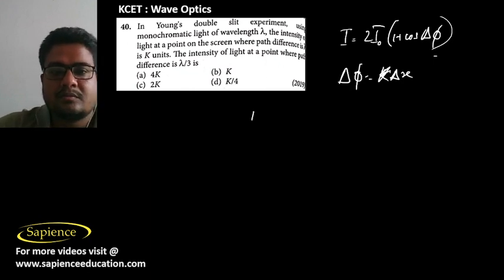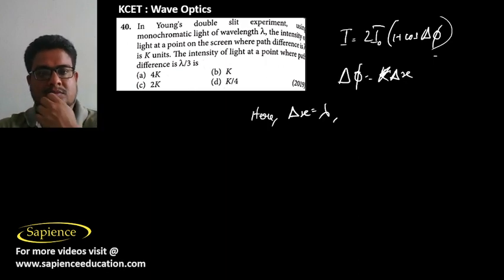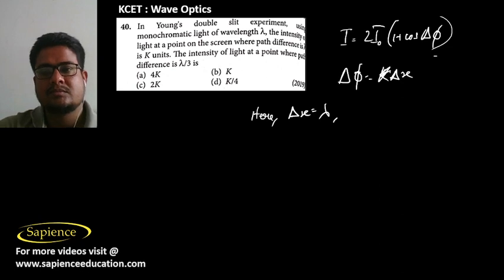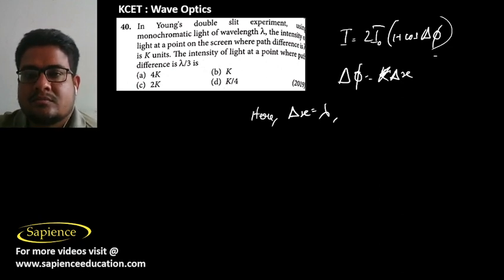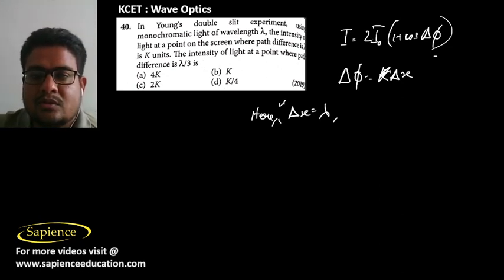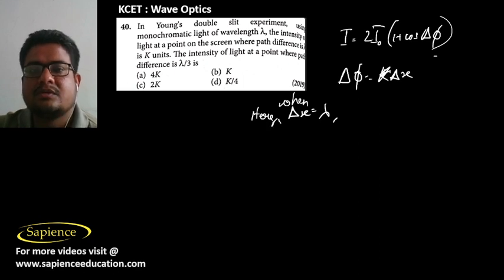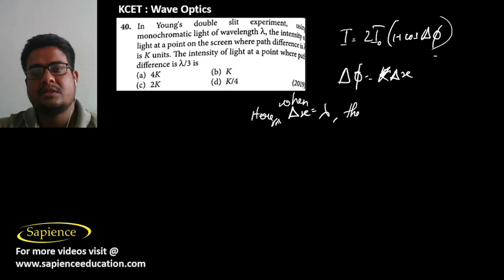So here the path difference delta x is equal to lambda. So here it is told that when the path difference delta x is lambda, then the intensity is given as k units.